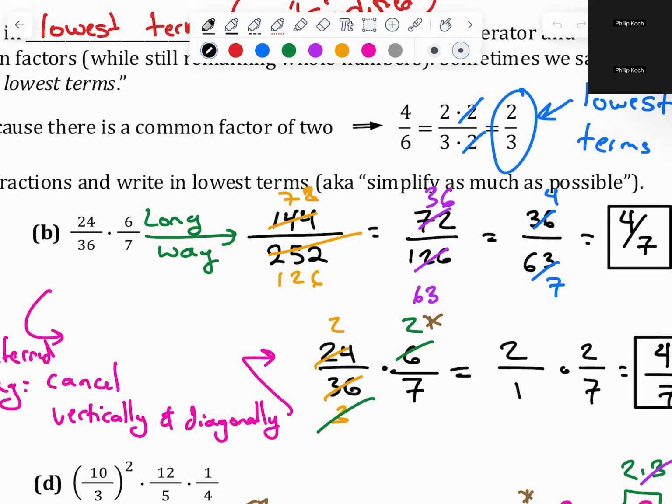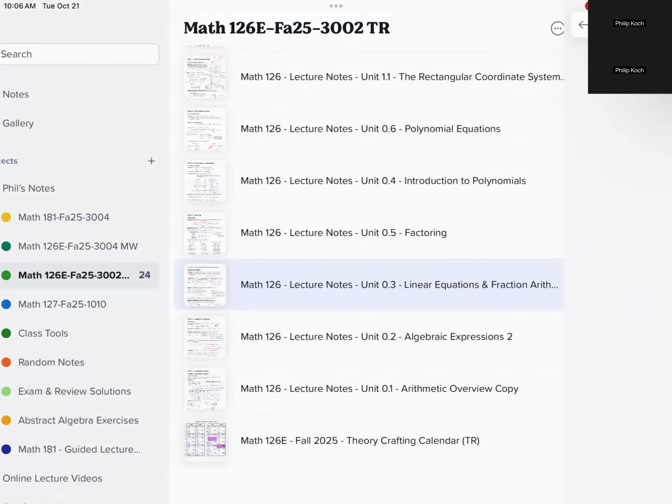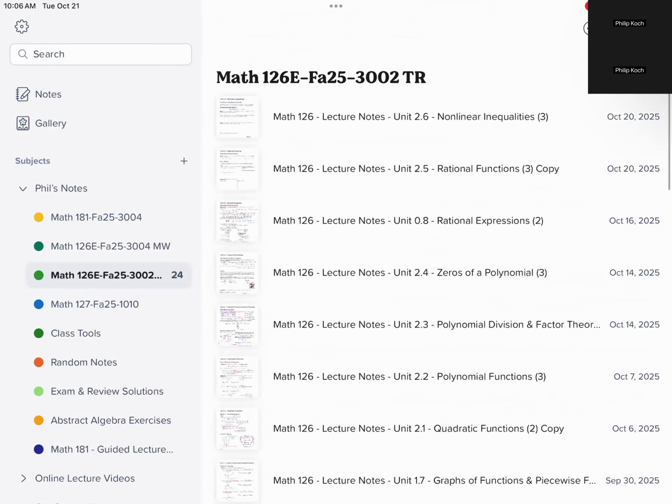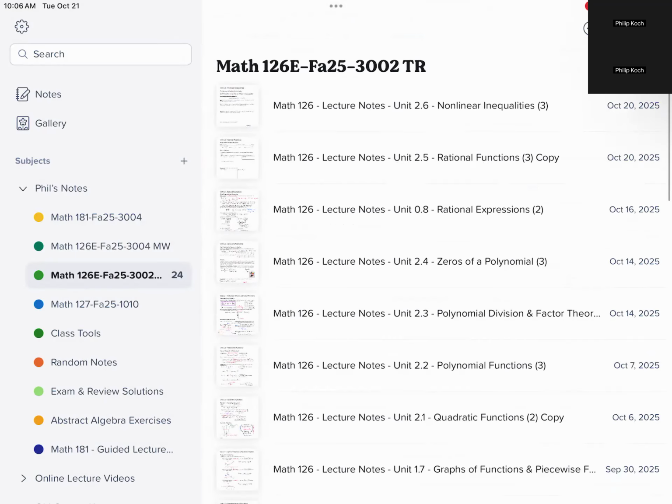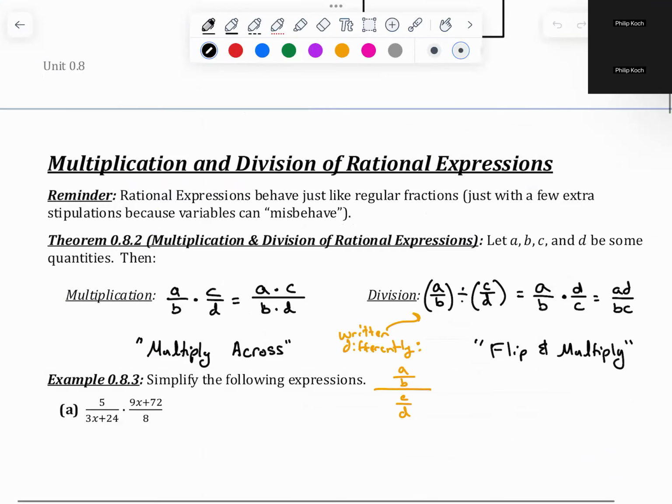But we saw that took a very, very long time to get to the same answer. Instead, it was far more feasible and far faster to cancel vertically and diagonally wherever possible before you went on. So, much like with the simplification that we just did, it behooves us to factor everything before multiplying out.